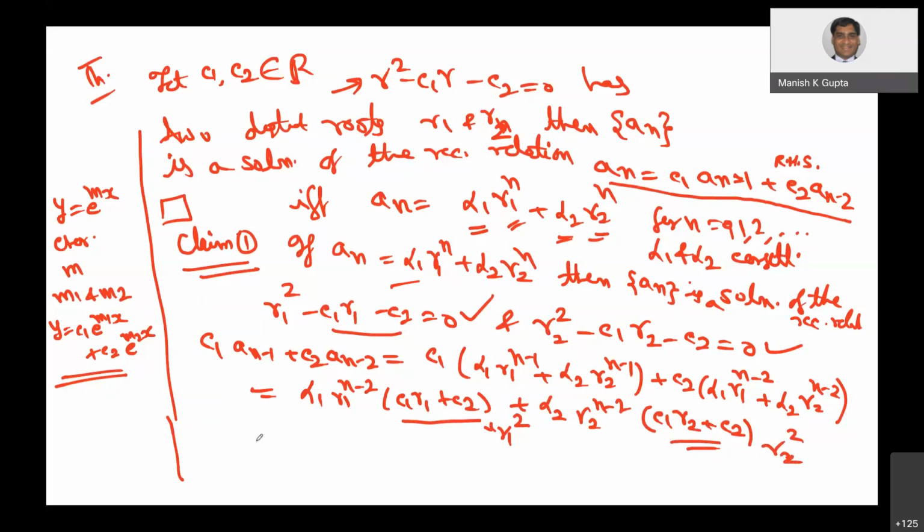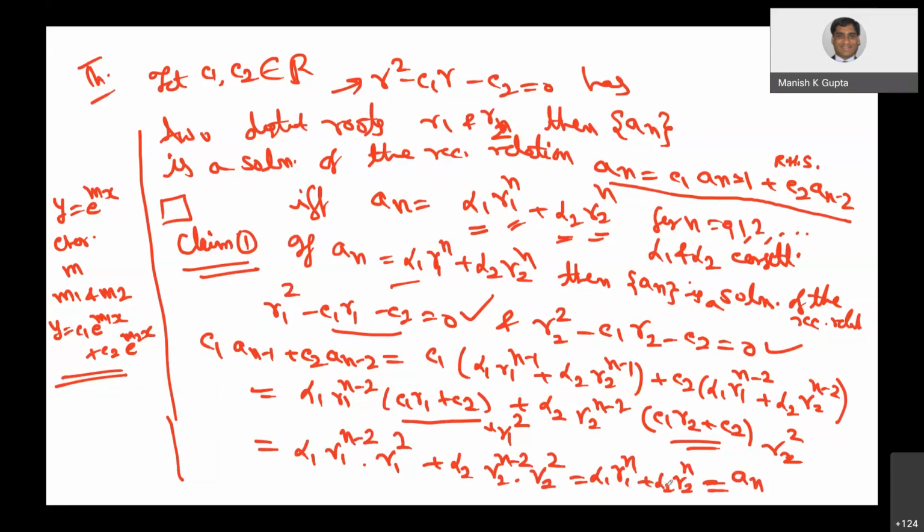So we can simplify this. It turns out this is alpha 1 times r1 raised to power n minus 2 times r1 square plus alpha 2 times r2 raised to power n minus 2 times r2 square, which is nothing but alpha 1 times r1 raised to power n plus alpha 2 times r2 raised to power n, which is equal to an, right. So we started from the right hand side and arrived at the left hand side of this recurrence relation. So this is a solution.